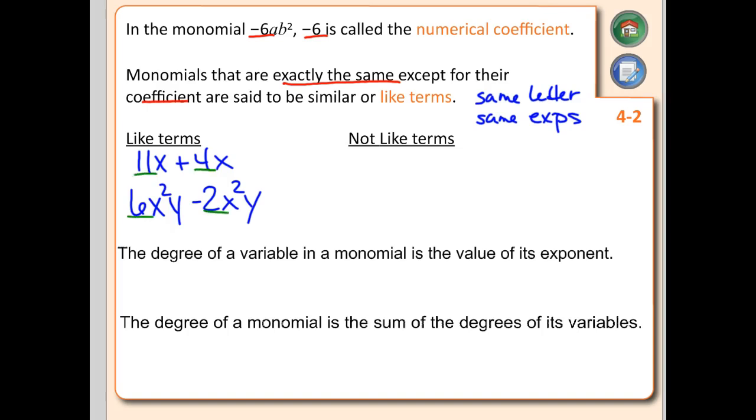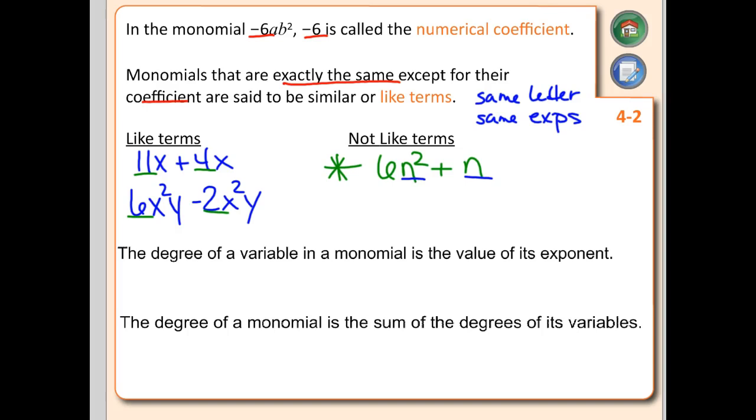Now, a real important thing to keep in mind, let's say I had 6n squared plus n. Are those like terms? That's right, they're not. They both have the exact same letter, but the exponents are different, okay? And since the exponents are different, then they are not considered like terms. And if they're not like terms, I can't put them together. And we'll see a little bit more of that as we go along.